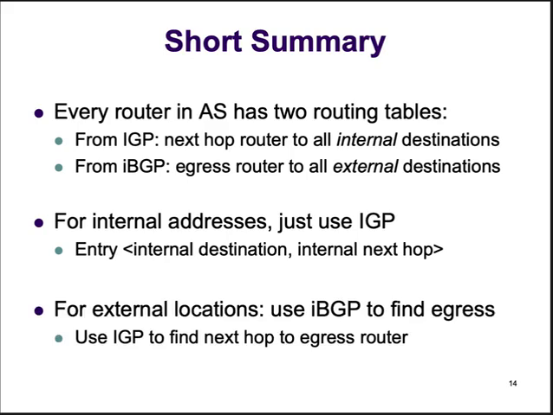If that address, however, was an IP address outside of my domain, I'm going to do a two-step lookup. The first thing I'm going to do is look at the prefix for that destination address, and I'm going to know which egress or border router I have to send the packet towards. And then I'm going to take that border router and ask, what is my next hop, using the intra-domain protocol, because the intra-domain protocol told me how to reach all my border routers.